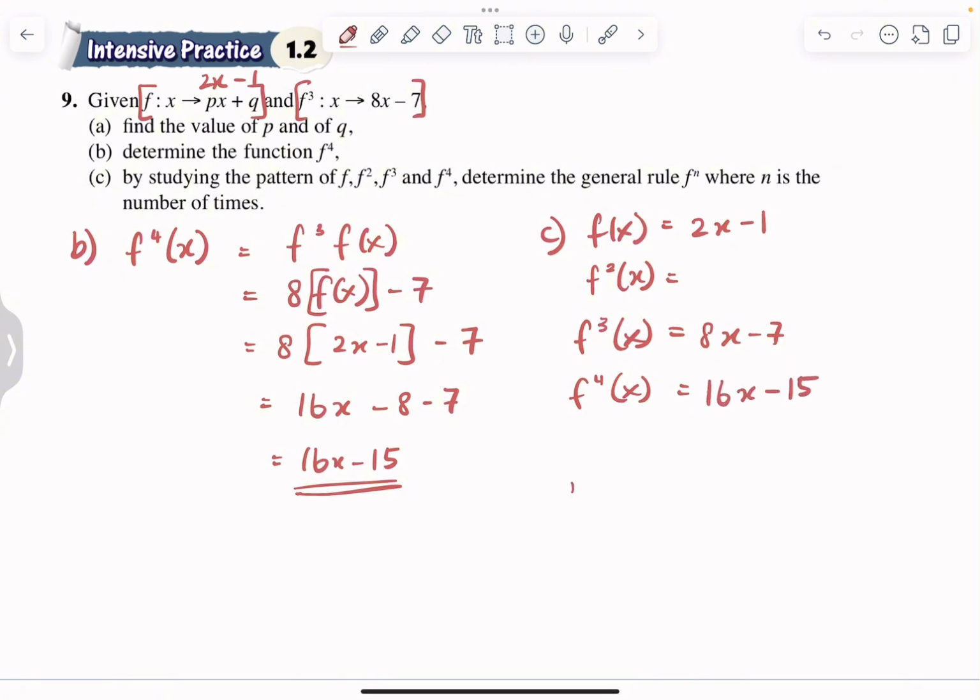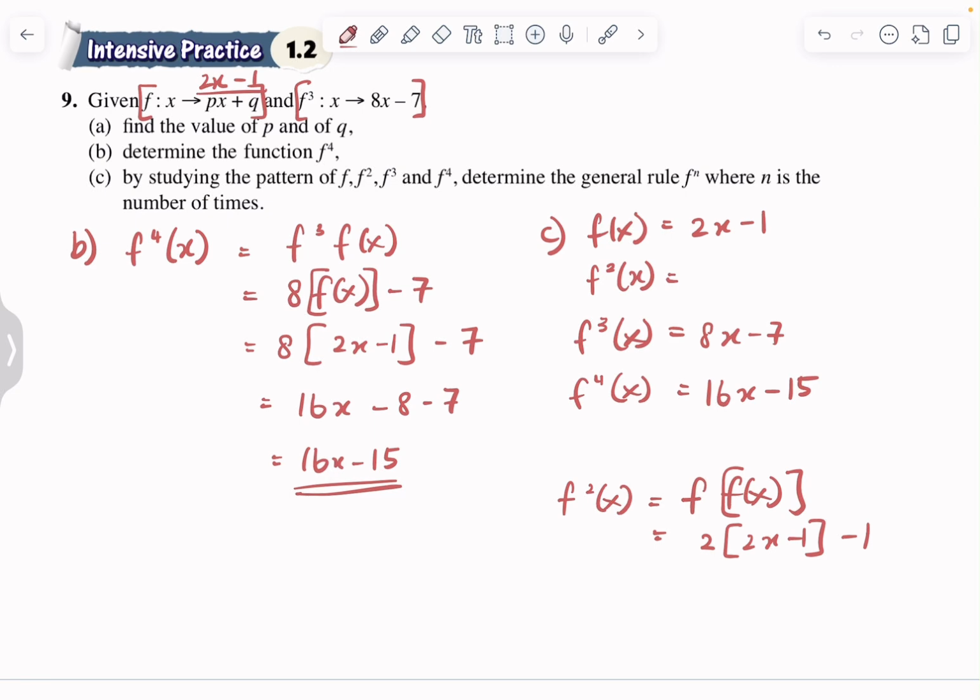Okay, let's quickly find what is f square x. f(x) is 2x minus 1. So f square x would be f of f(x). So 2 of 2x minus 1, minus 1. So we get 4x minus 2 minus 1, 4x minus 3.